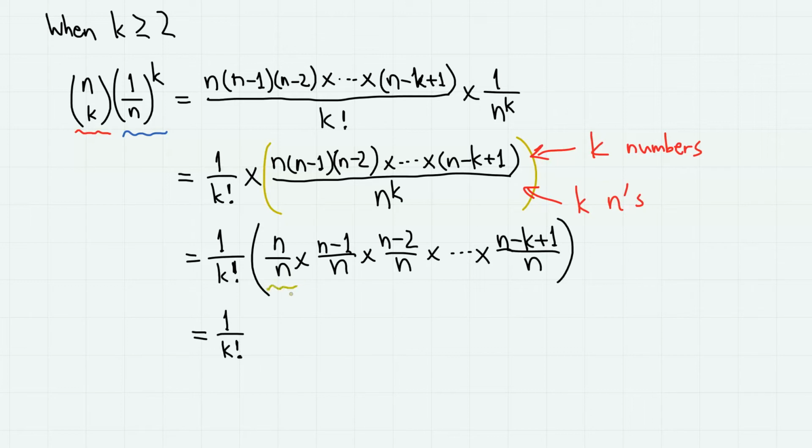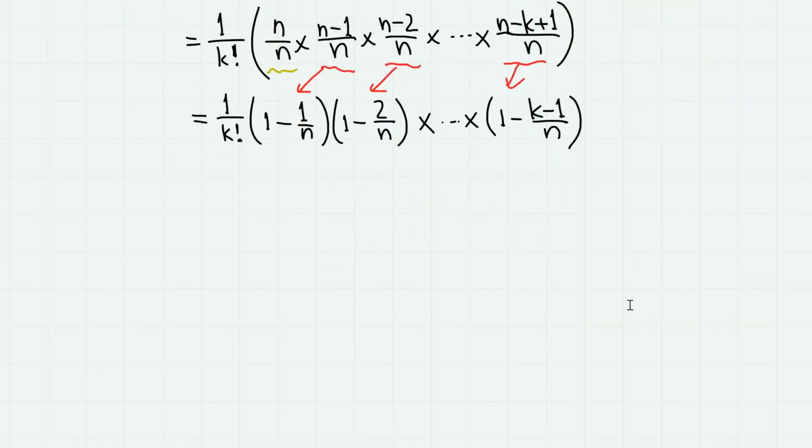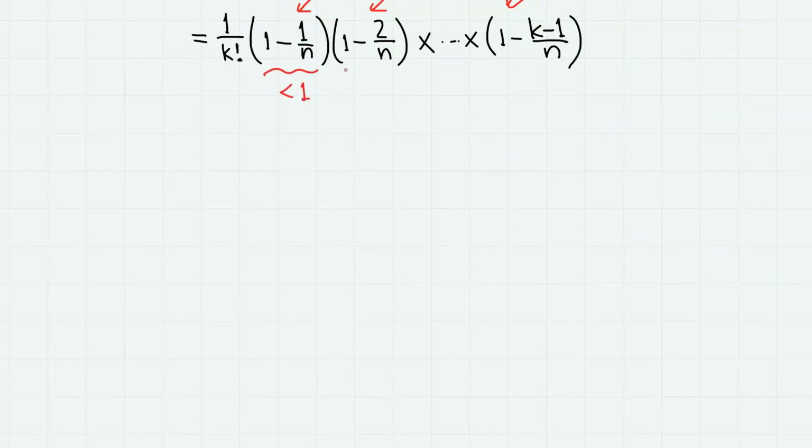So this n over n is simply 1, and this n minus 1 over n, we can write as 1 minus 1 over n. Then we have 1 minus 2 over n, all the way up to 1 minus k minus 1 over n. So this is less than 1, this is less than 1, this is less than 1. So we simply have less than 1 over k factorial.